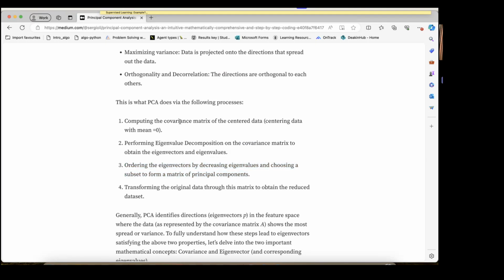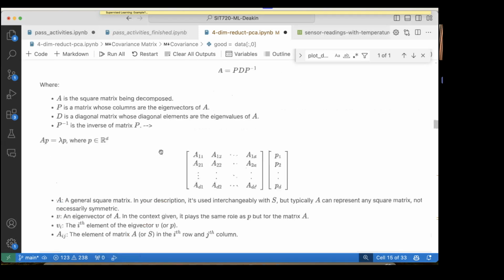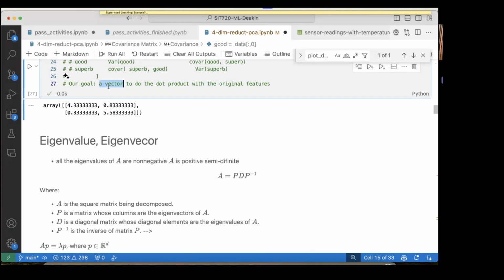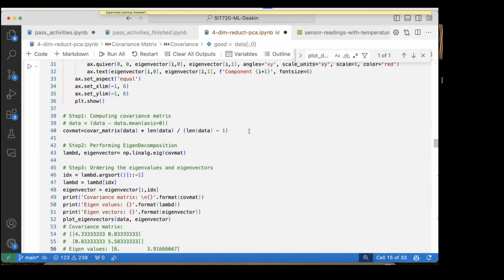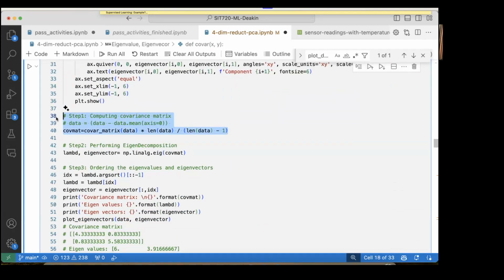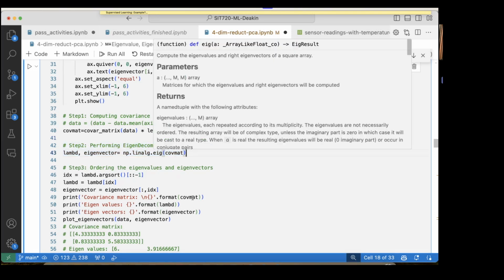Okay. So now we have the covariance matrix. What we want is to get this vector to do the dot product with the original feature. I already computed this covariance matrix, and I do eigen decomposition. As I said, I only mention how eigen decomposition works, it's too much mathematics.